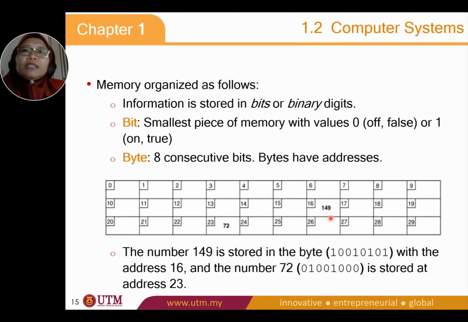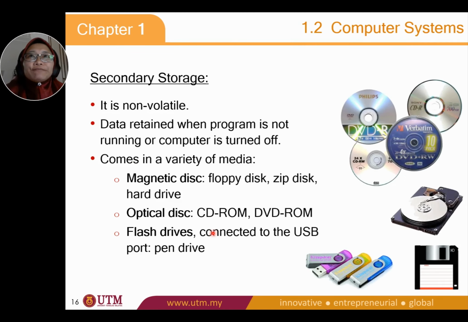The number 149 is stored in the byte 10010101, and this byte is at the address of number 16. Because information is stored in bits or bytes, here we have the address, and this is where this value is stored, while the number 72, 01001000, is stored at address number 23.